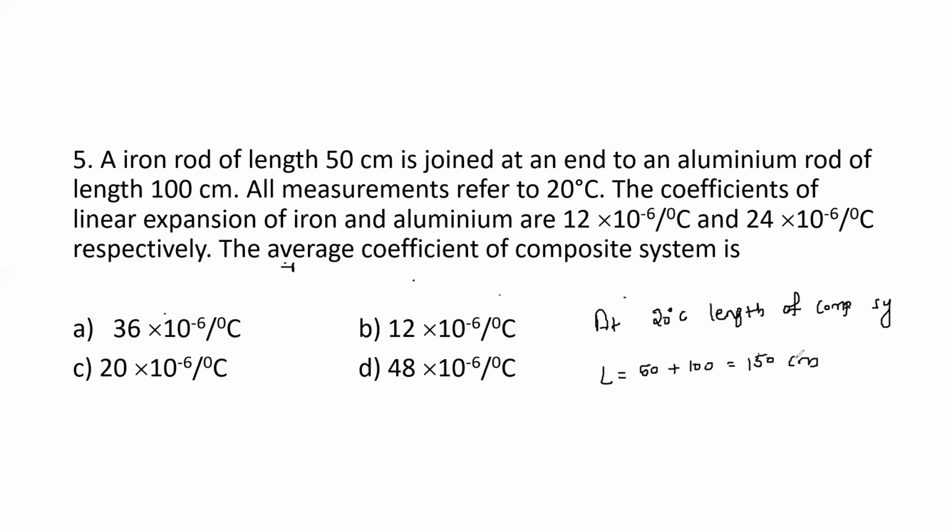The 150 centimeter. Here, during this process, the temperature is 20 degrees Celsius. The coefficient of linear expansion of iron and aluminium is given. The average component system, we need to calculate here.